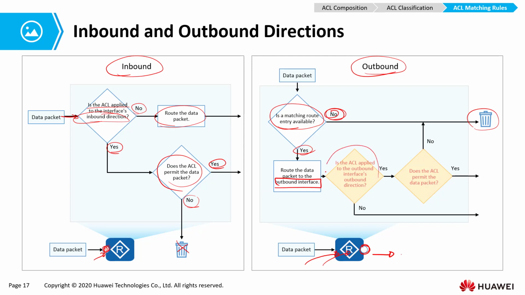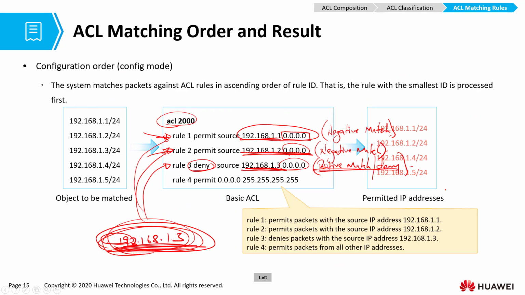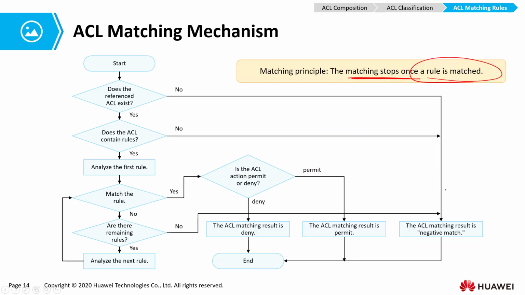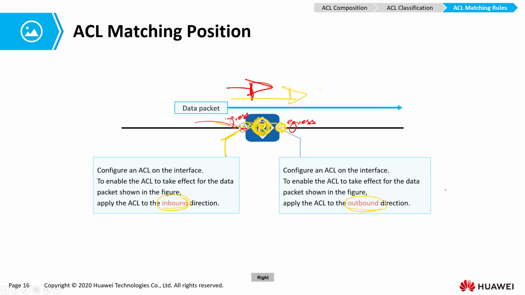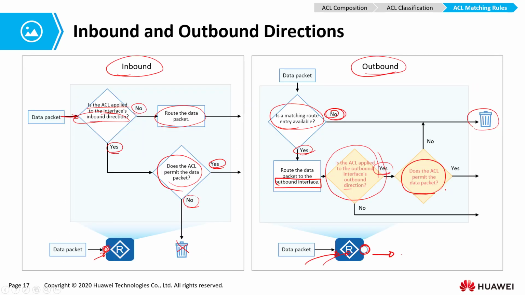And that's where we shall start analyzing the ACL. Is it applied to the interface's outbound direction? If yes, then we shall go ahead and match the ACL based on the procedure we looked at right here. And depending on whether our result is permit or deny, and also the application of the ACL, we shall go ahead and either forward the traffic or act accordingly and drop the traffic.